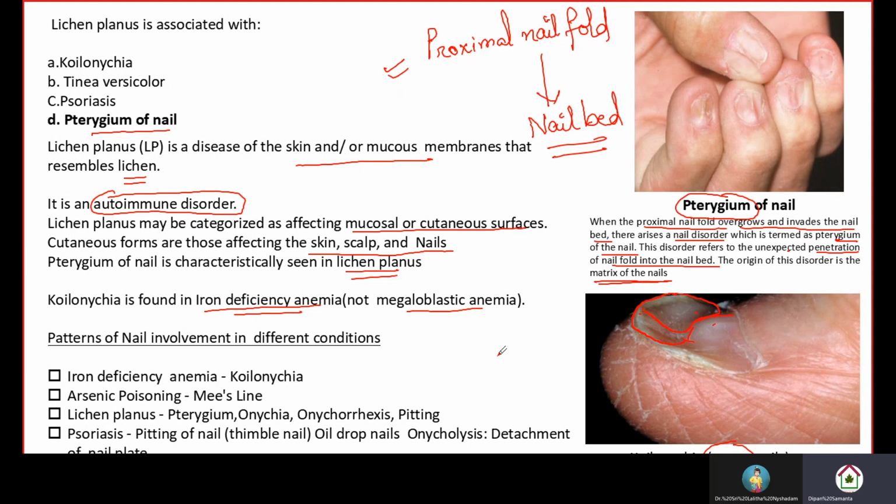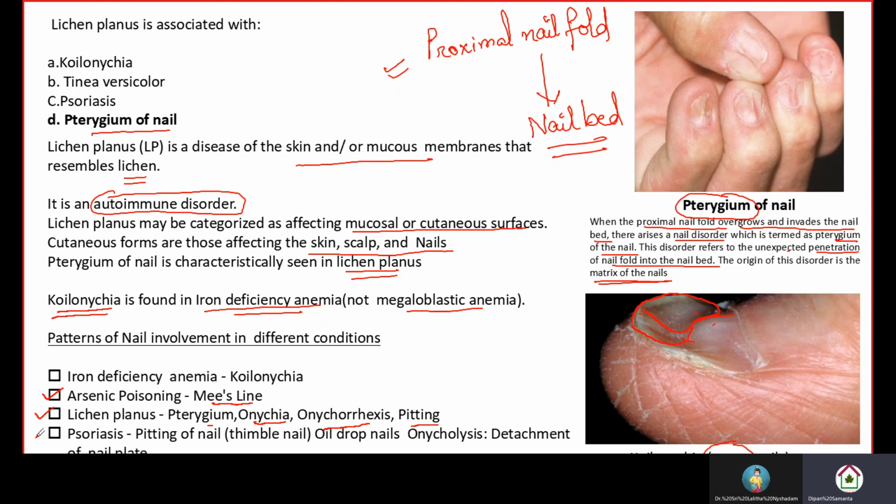So pattern of nail involvement in different conditions: in iron deficiency anemia, as we just saw, koilonychia occurs. In arsenic poisoning, meseline. In lichen planus, pterygium of nail, onychorexis, pitting of nail also occurs.